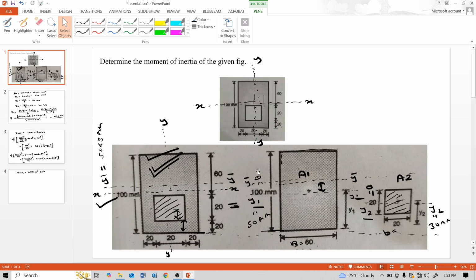Now see about this y-y axis. See right side and left side. About this y-y axis, right side and left side, both sections are symmetric. So for this Iyy calculation, our work is easy.